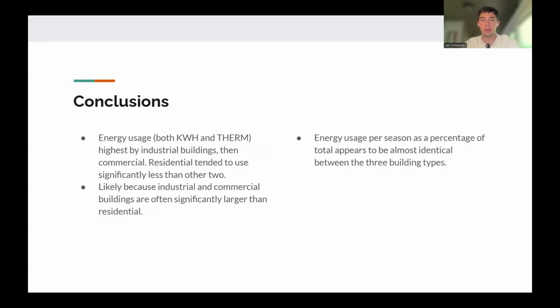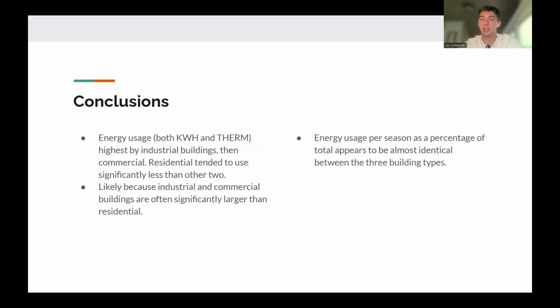So average kilowatt and thermal usage was highest for industrial buildings. Commercial was second, and then residential, which tended to use significantly less energy than the other two. And this is likely because industrial and commercial buildings are significantly larger on average than residential buildings.